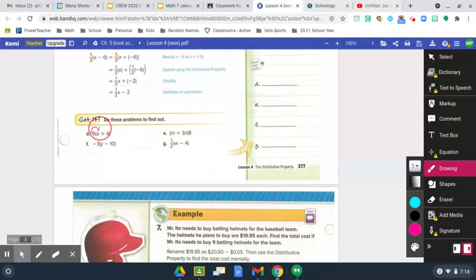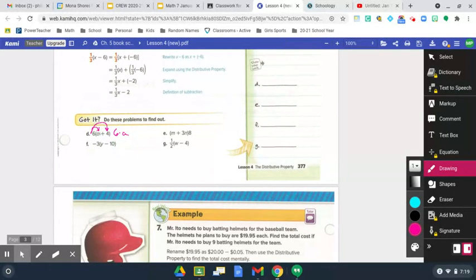So we need to do 6 times A. We also need to do 6 times 4. So we have to make sure that 6 gets distributed to everything. And that's why I draw the arrows. It reinforces me to make sure that I absolutely multiply by everything inside those parentheses, excuse me. Now, 6 times A.